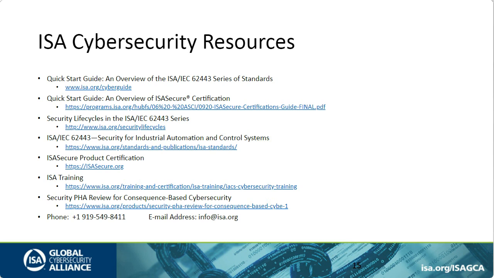So there is an activity underway in the IEC to designate the 62443 series of standards as what they call a horizontal standard. It's not quite complete yet, but that work is underway. When 62443 becomes a horizontal standard, then it will be applicable to a number of different domains, you know, transportation, nuclear, buildings.